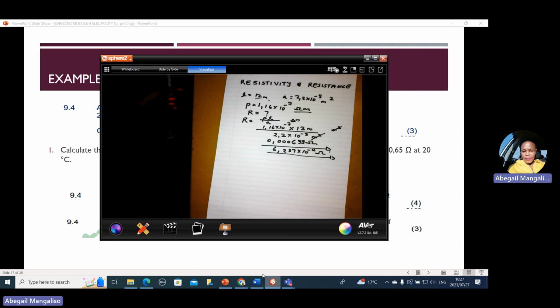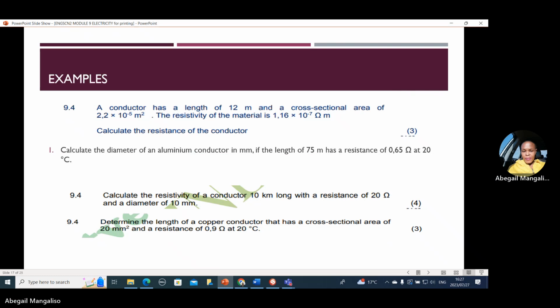Second question. Calculate the diameter of an aluminum conductor in millimeters if the length is 75 meters. L is given as 75 meters, the resistance R is 0.65 ohm at 20 degrees Celsius.